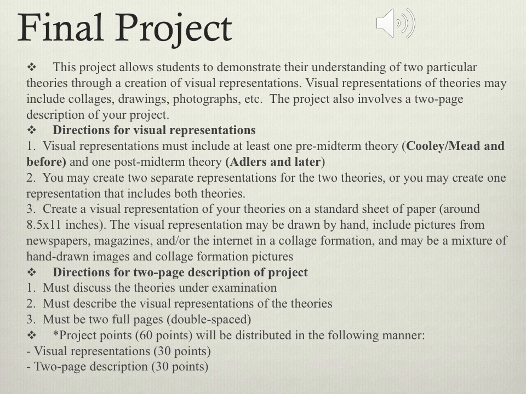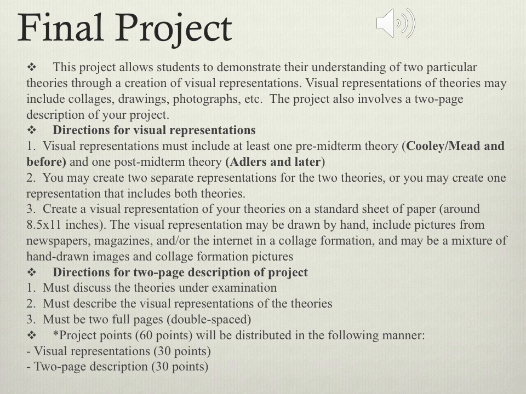For each category, the pre-midterm and the post-midterm, you select one theory. With your theories, you can create either a single visual representation that captures both theories in a single image, or two separate visuals where the imagery captures one theory in one visual and the second theory in a second visual.